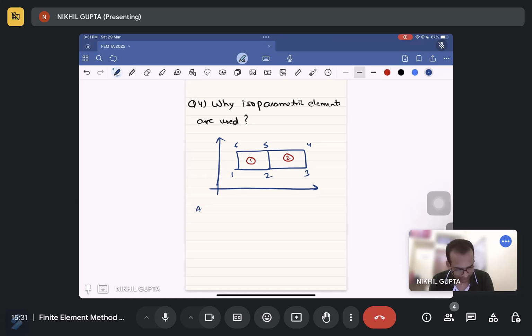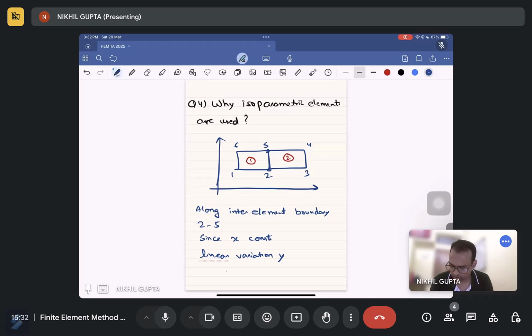So along the inter element boundary 2 5, since x is constant, there is linear variation in y, correct? Means there are only two nodes here, so this will be linear variation in both, not an issue. So thus this is compatible.